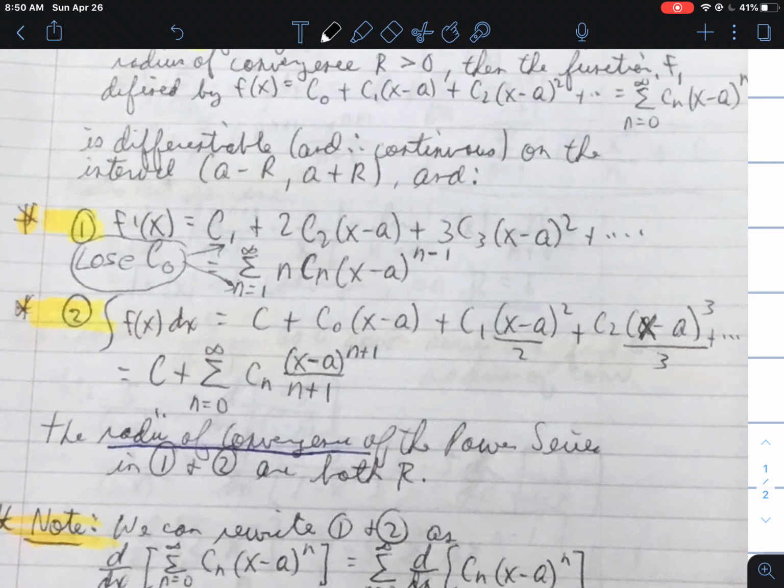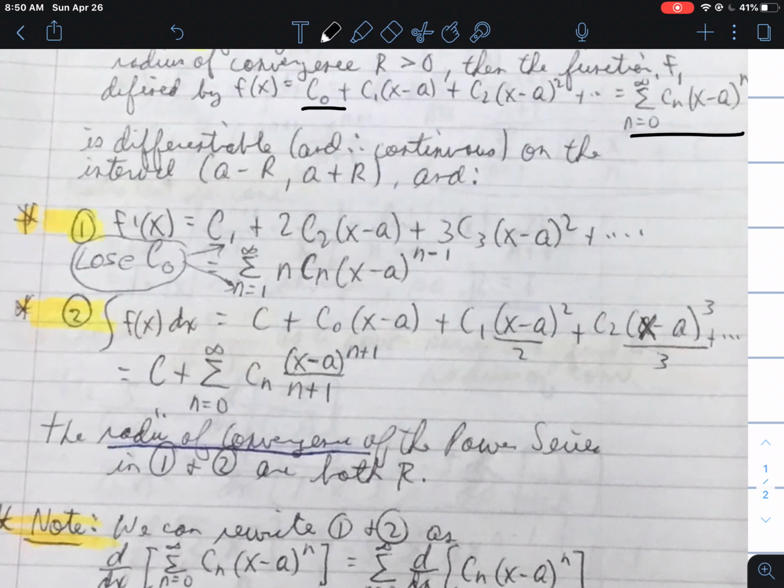Now, differentiation. If I look at f of x as that sum of n goes from 0 to infinity of c sub n x minus a to the n, so I'm referencing this, and I differentiate that term by term. And so I take our first term, which is c sub 0. Well, that's just a constant, right?